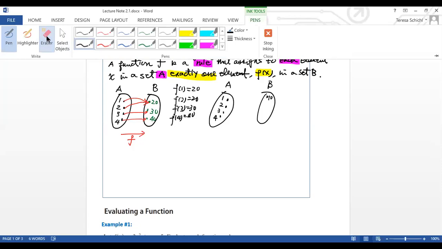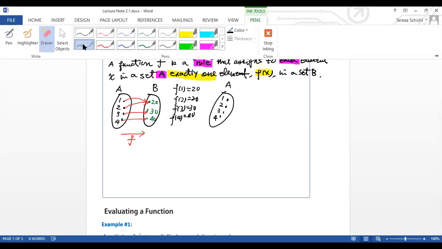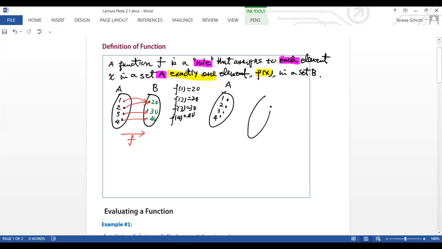Let's get a different color, and also make B a little bigger so we have enough space. For B, this point is 10, this point is 20, this point is 30, this point is 40, and this point is 50.